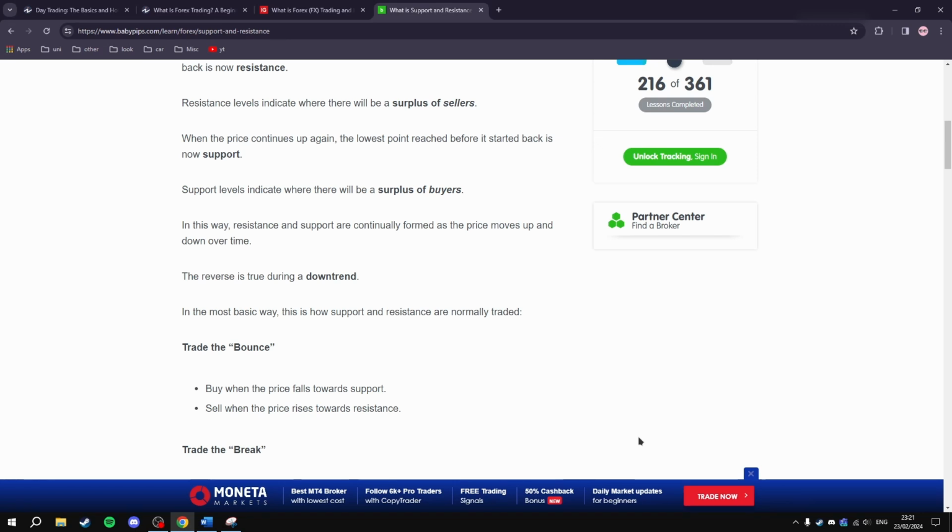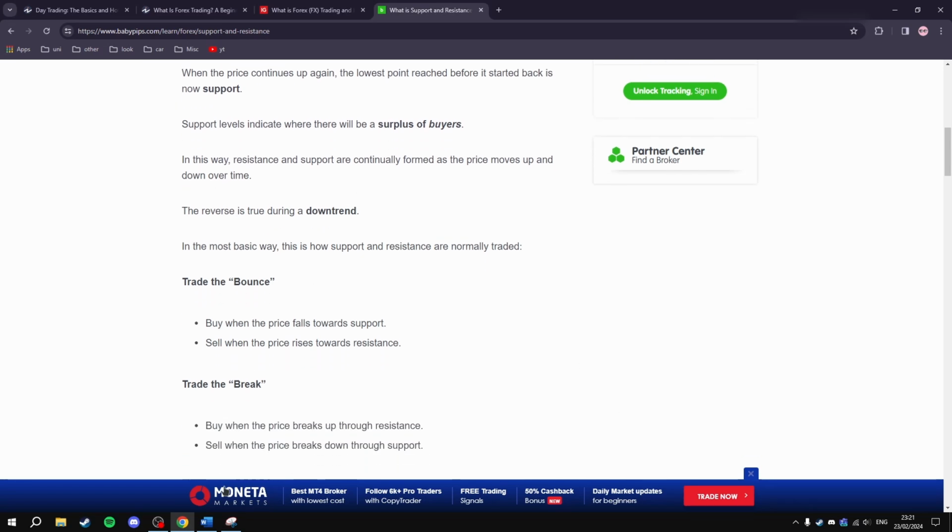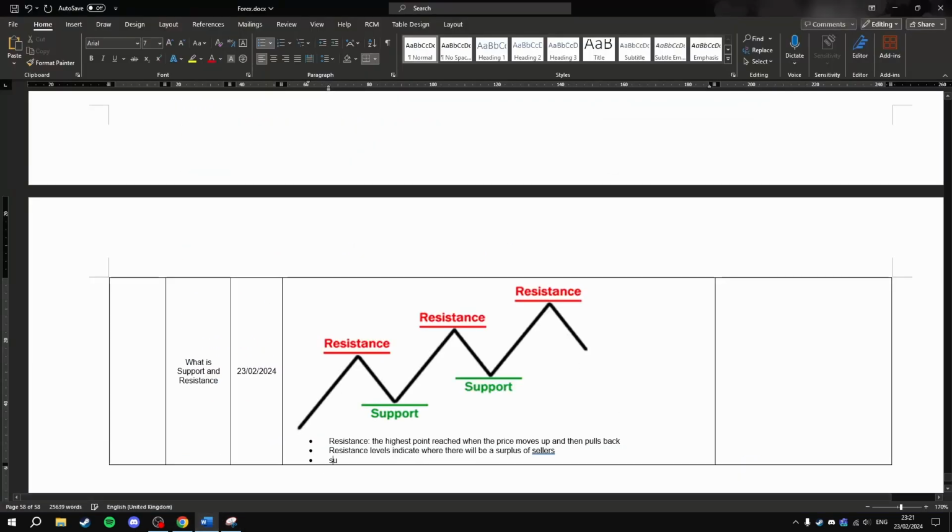When the price continues up again, the lowest point reached before it started back is now support. The lowest point reached when the price moves down and then pulls back.